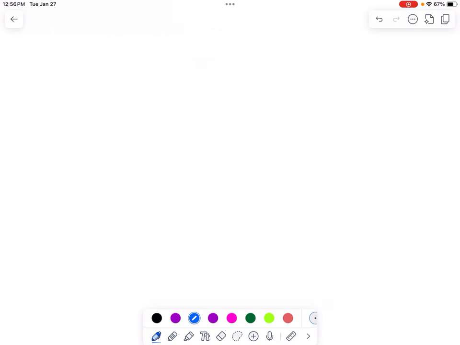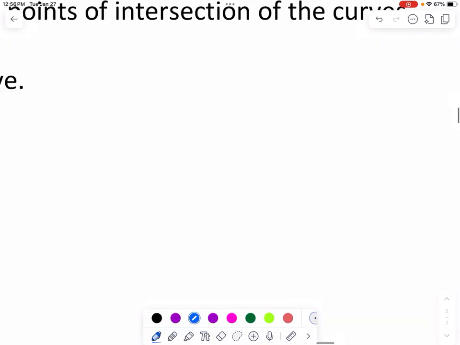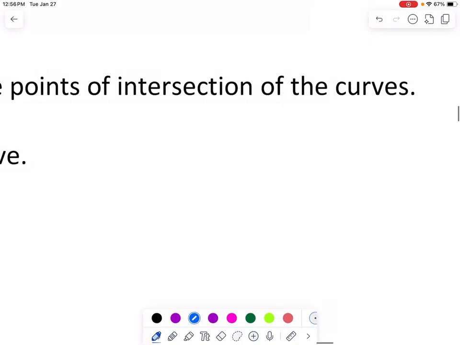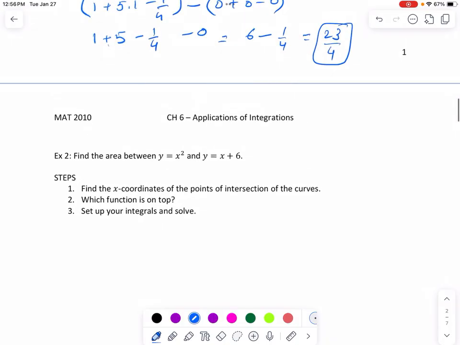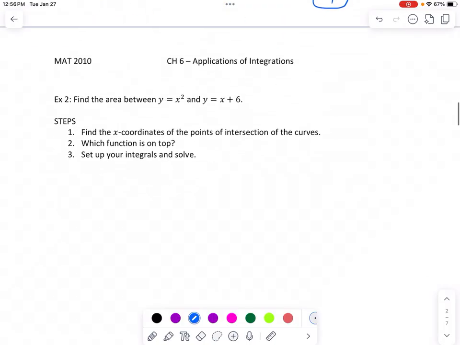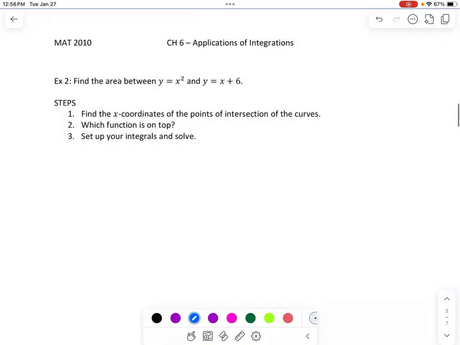So what we do, for step 1, we set the two curves equal to each other. So we get x squared is equal to x plus 6.